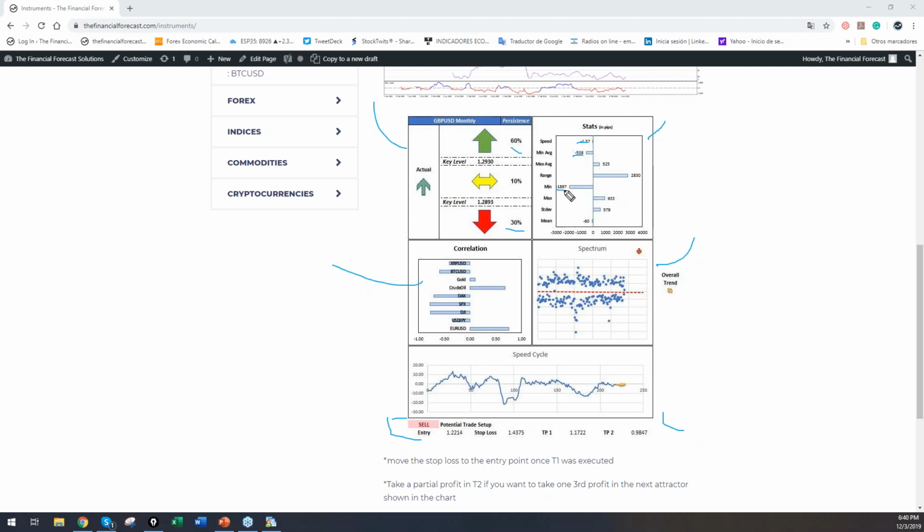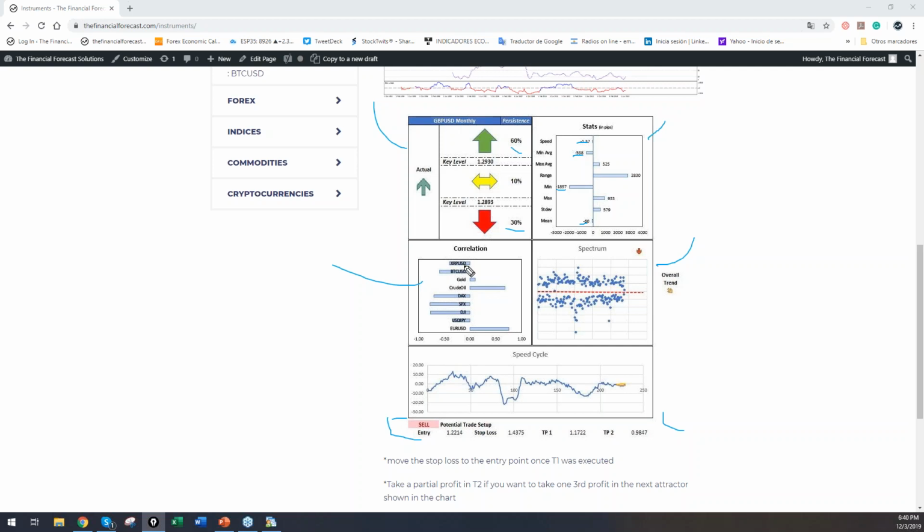We have that the highest minimum in absolute value is higher than the movement to the upside. The mean of all the movements of the one big cycle that we are taking is negative. So all this area of the analysis is saying that bears in this case are much stronger than bulls.